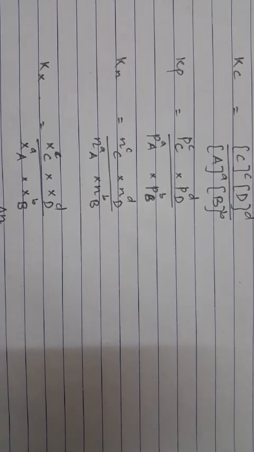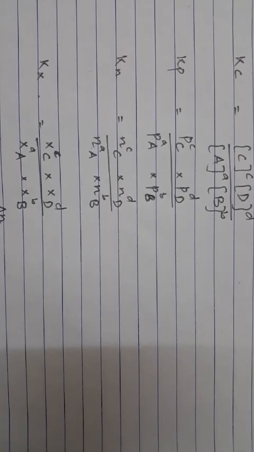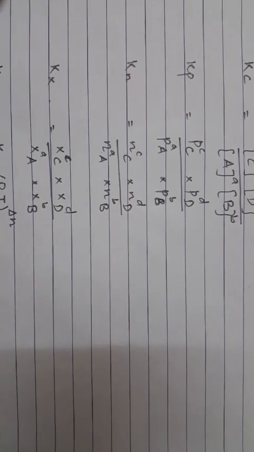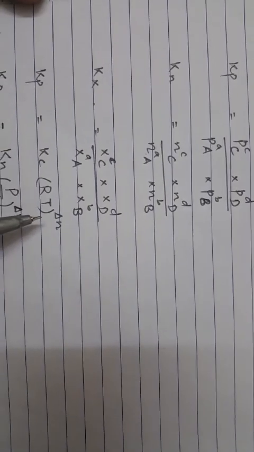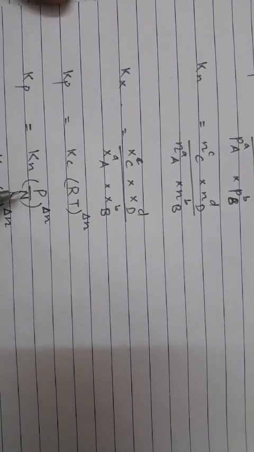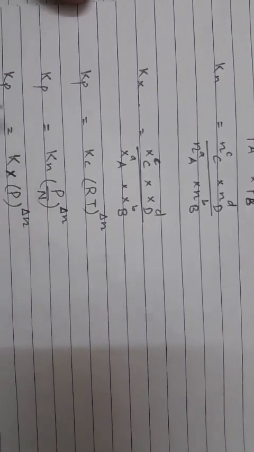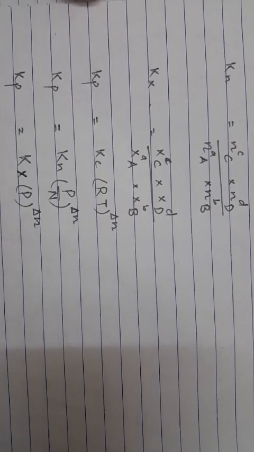All these four equilibrium constant expressions are related to each other, such that Kp is equal to Kc into RT power delta n, Kp is equal to Kn into (P over n) power delta n, and Kp is equal to Kx into P power delta n.